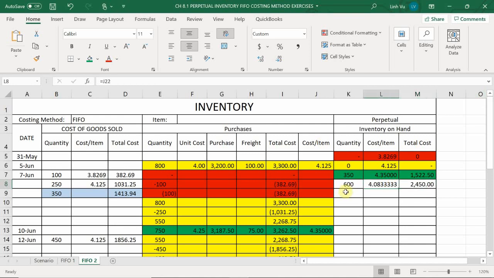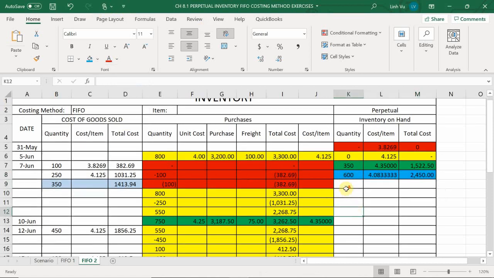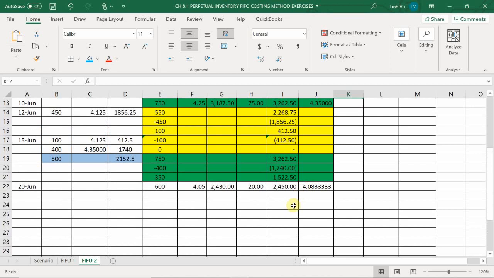Okay. And I'm going to highlight this because it's my next batch of inventory, and I'm going to make this blue. Okay. So I'm going to go ahead and also highlight that this is blue.